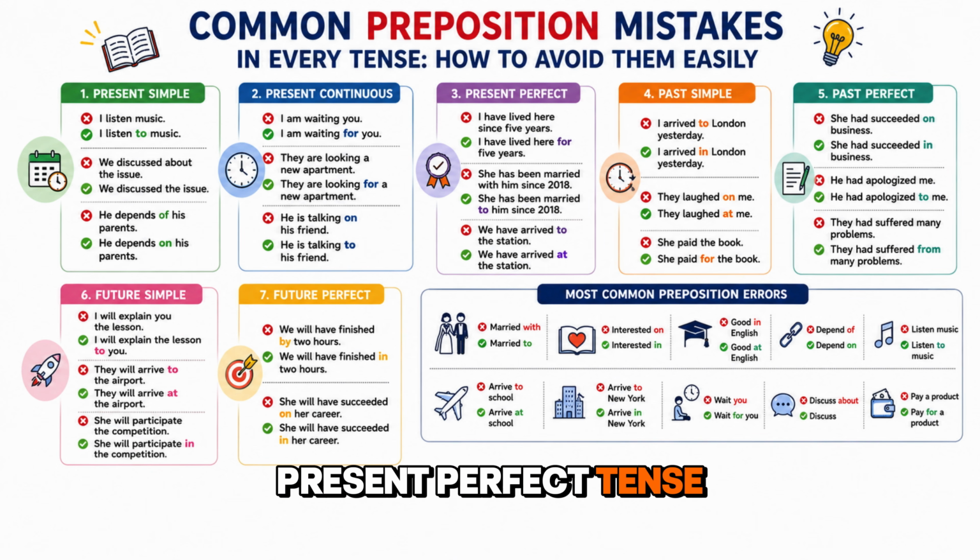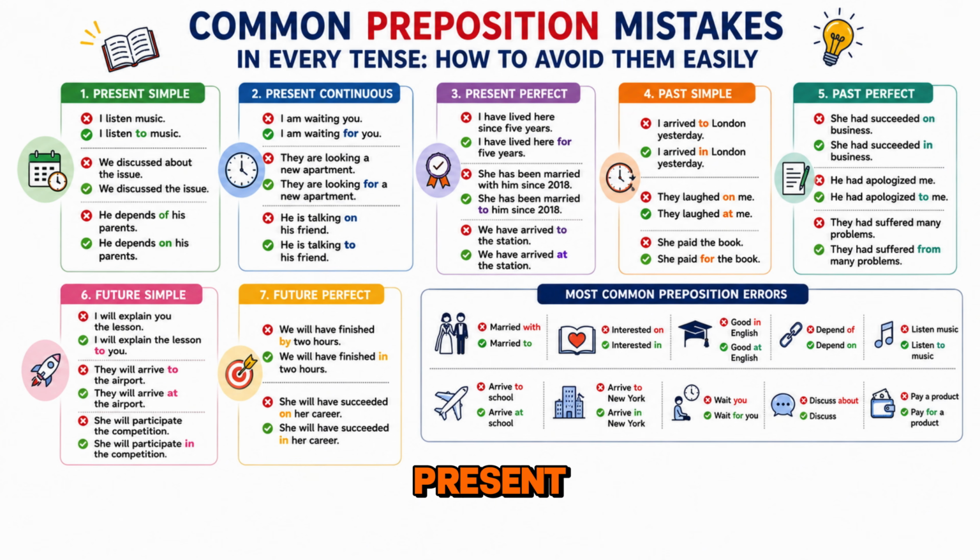Present perfect tense. The present perfect tense connects the past with the present and is often used when talking about experiences or situations that continue until now. A very common mistake involves the words for and since. It is incorrect to say, "I have lived here since 5 years."